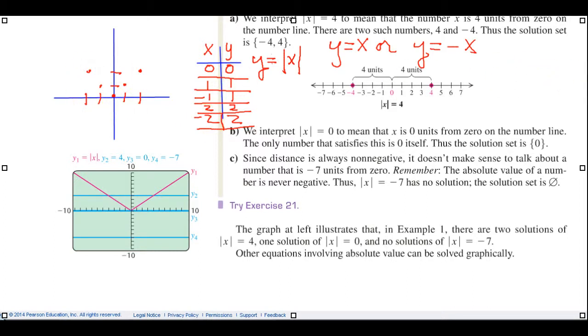So if you see what's happening here, we're going to have a line that looks like so, and a line that looks like so. So when we see a graph that looks like this, this is an absolute value graph. Okay? I'm off a little bit there, but you get the idea. So I wanted you to see sort of what's going on, and let's continue.